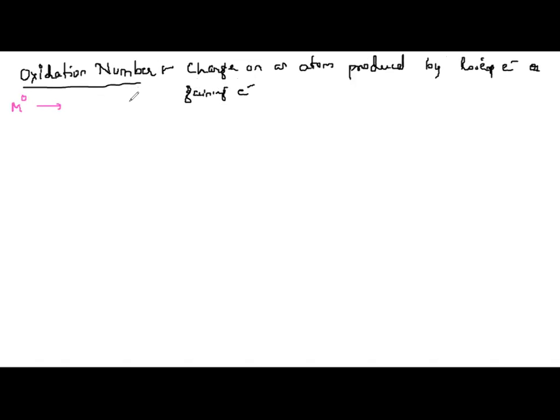When it loses electrons, it carries a positive charge, +1, +2, depending upon how many electrons are lost. When it gains electrons, it will become -1. So the charge carried by cations and anions is nothing but the oxidation number, or you can call it the oxidation state.